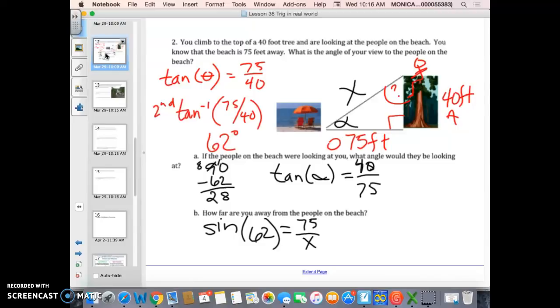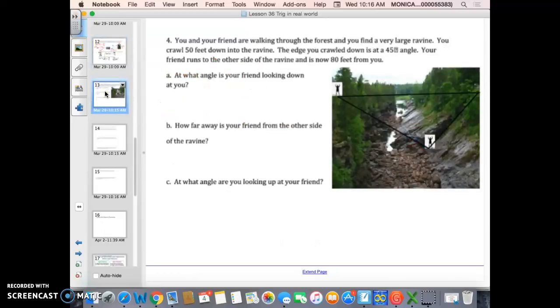And this is going to be a division problem: 75 divided by the sine of 62. And that'll give you your solution. Please type that in your calculator yourselves, and I will check that you got it correct. And please, I strongly suggest you do not do this. Okay, you're going to skip problem number 3 and let's move on to number 4.